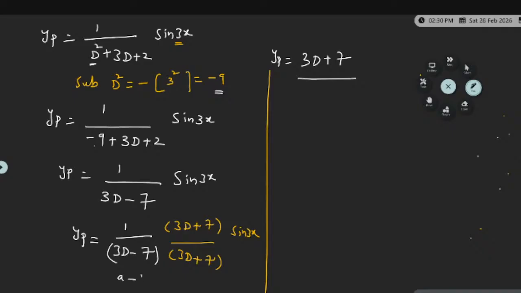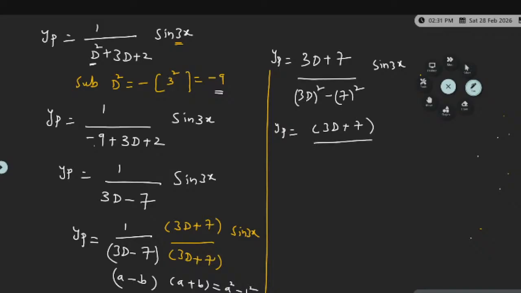A minus B into A plus B, which is 3D minus 7 into 3D plus 7. 3D square minus... into sin 3x. Now 3D plus 7 by 9D square minus 49 sin 3x.